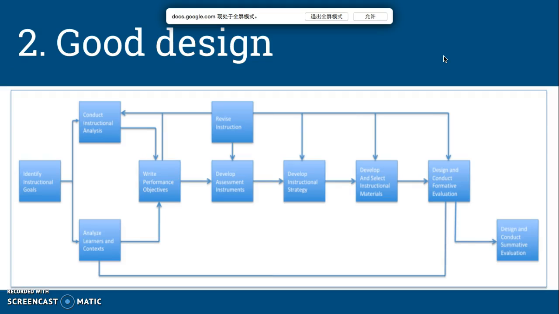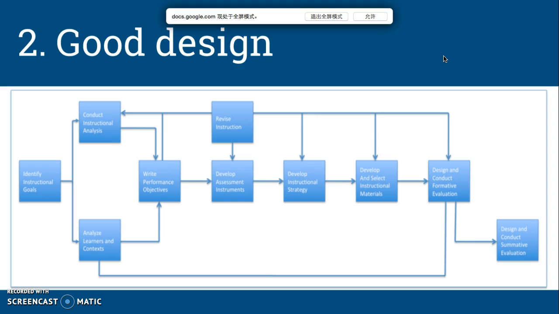The second model is the Dick and Carey systems approach model. It is my favorite model from my undergraduate degree. It includes many elements that are really important in education, such as conducting instructional analysis, learners and context, and some other elements, and also some evaluation elements.